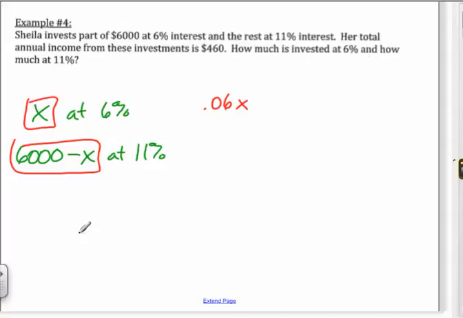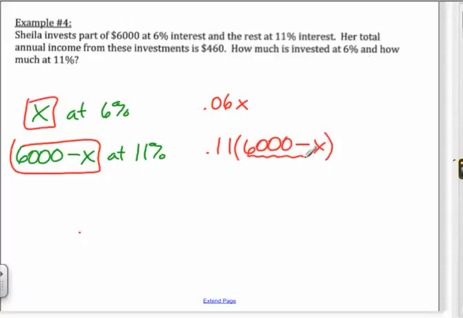I want to see some different hands. Jimba. At 11%. 0.11 times what, Hugh? 6,000 minus X. Right?